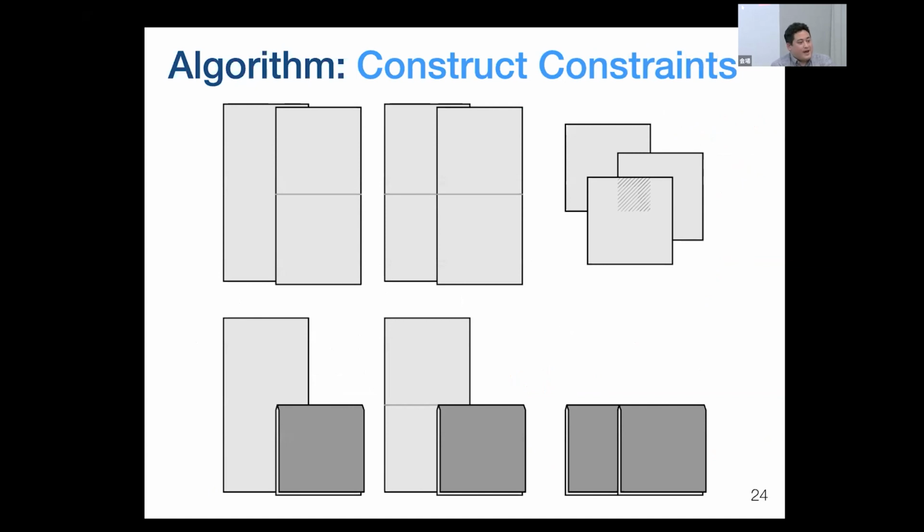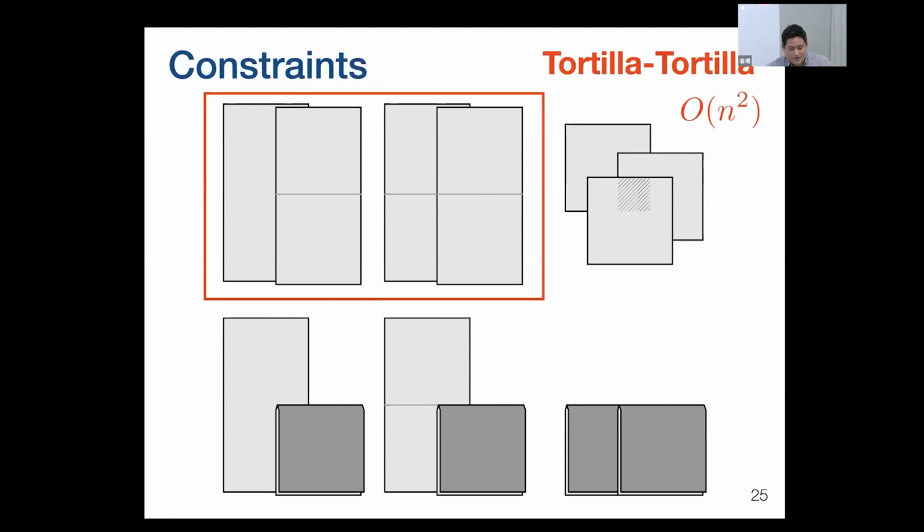And then once we have all of those variables, the things that we know need to be assigned a layer order, then we construct the list of constraints that need to be satisfied. And there's 4 different types of constraints that need to be satisfied. The first set I like to call tortilla. It's basically we have 2 flat planes and we don't want them to intersect each other, right? And so we can compute all of these such constraints that need to be satisfied in quadratic time by comparing every pair of intersecting edges or an edge with a face.